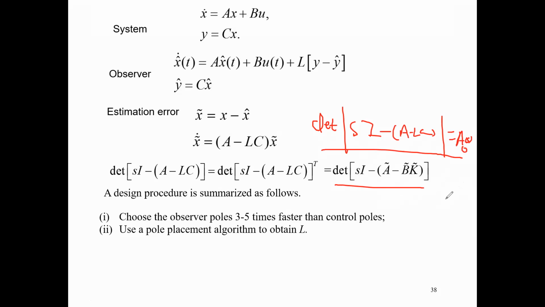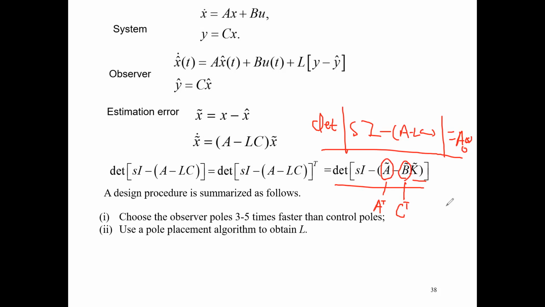Which means this A corresponds to A transpose, and this one corresponds to C transpose. Then you try to compute your K tilde. You just treat it as another control system. You try to stabilize it. You use all the ways you have learned, but just remember those correspondences.